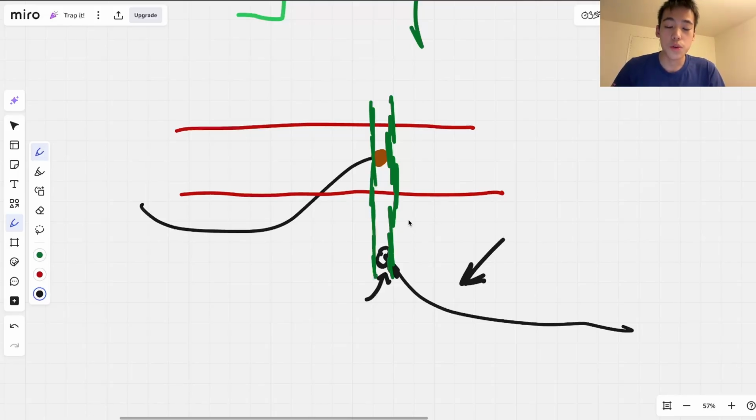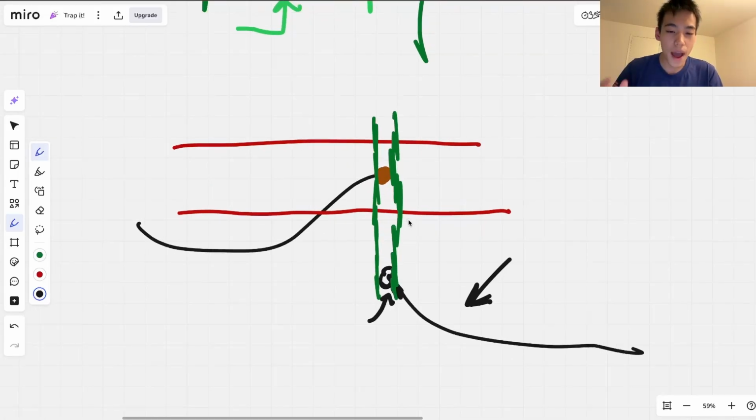And so we can conclude that no matter how large or how small you make this pair of green lines, you will never find a valid pair to constrain the function between these two red lines.